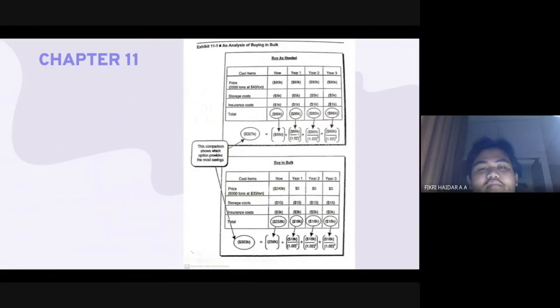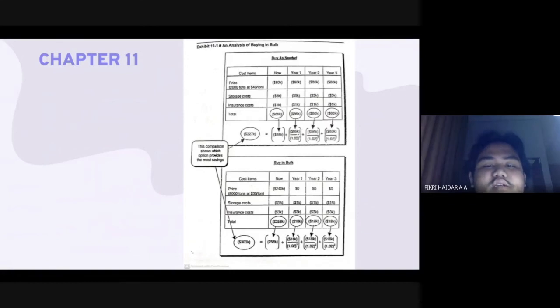The cost item is different: the buy in bulk price could be reduced to $30 per ton, while in the buy as needed table, it's $40 a ton. Both have the same amount of goods, 8,000 tons.